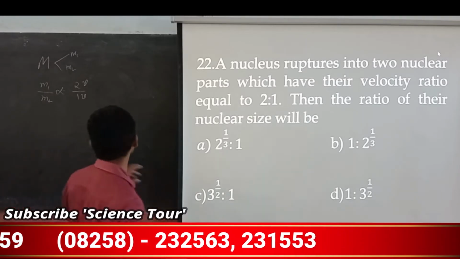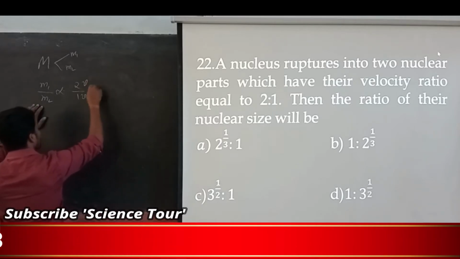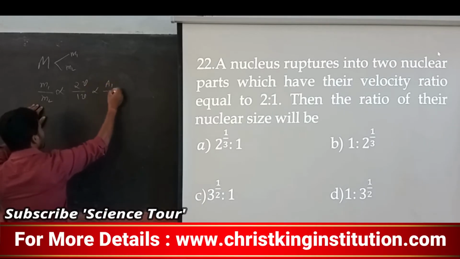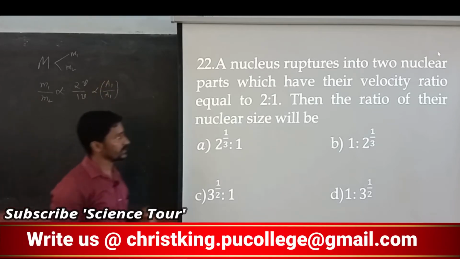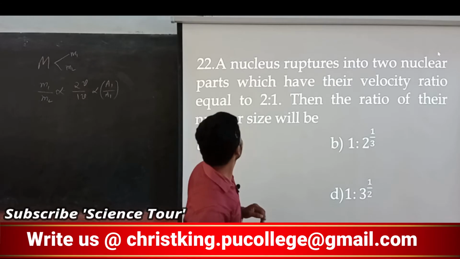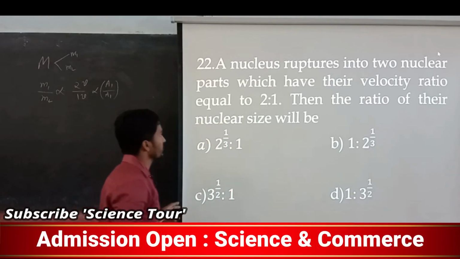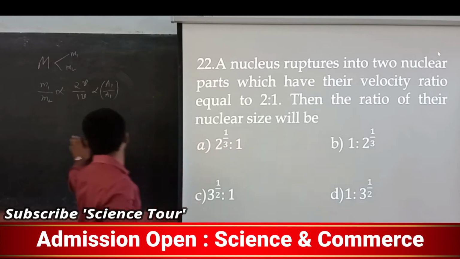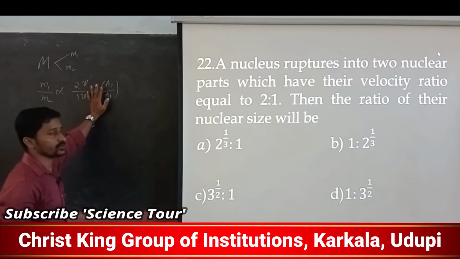Now the rupturing mass is directly proportional to what? Not velocity, but A1 and A2, the atomic mass numbers, isn't it? The mass is directly proportional to the mass number.